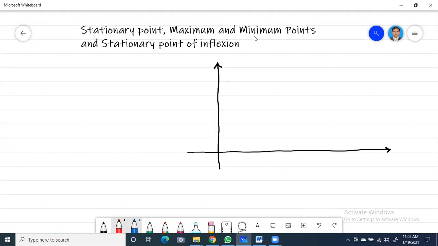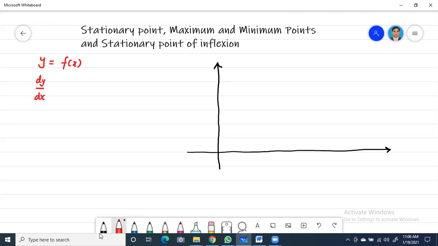This is the XY plane. In the XY plane, first of all, we are drawing a curve. Before this topic, we were differentiating different types of functions, generally y is equal to f of x, and the derivative of y with respect to x, we were taking dy by dx.